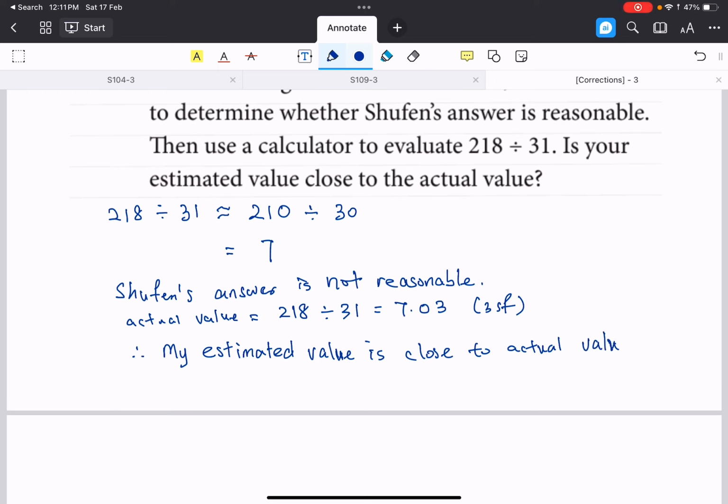So this just shows us that we can estimate better than Su Fen. How do you like that, huh?